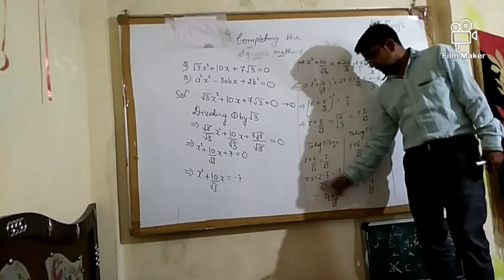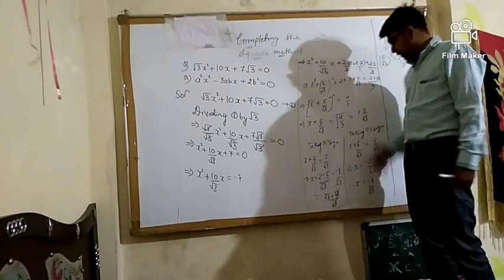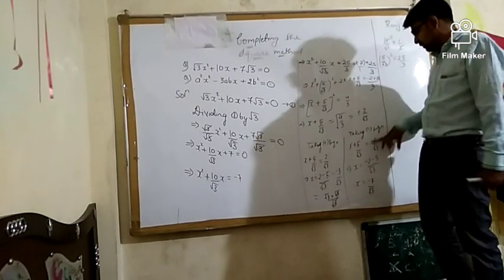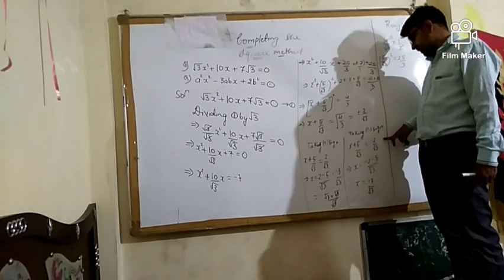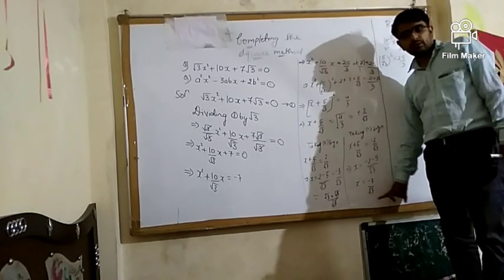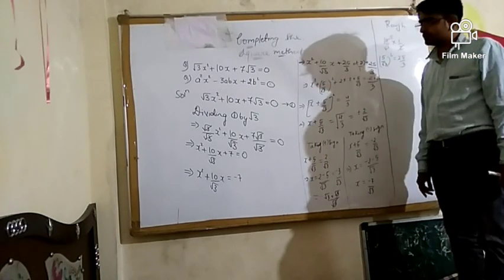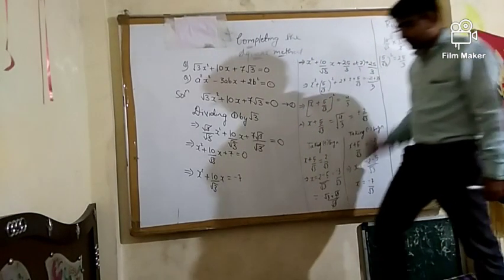It gets cancelled. So one value of x we get is minus root 3. Now the negative part, when I bring this to this side, minus 2 minus 5 becomes minus 7. So I obtain another value which is minus 7 by root 3. Okay.